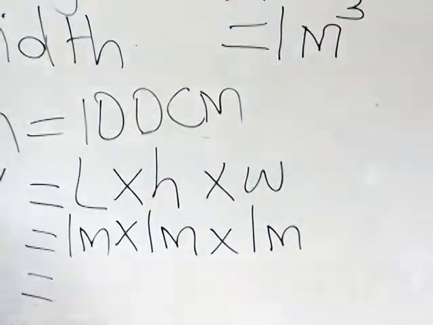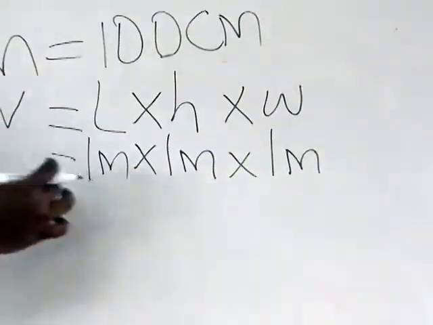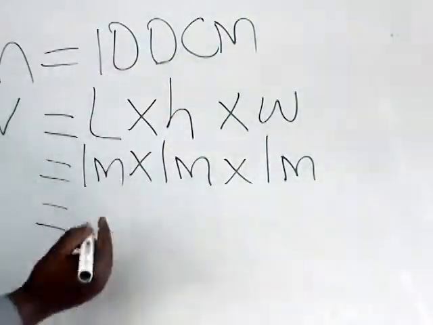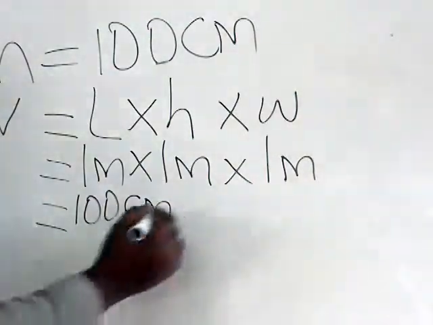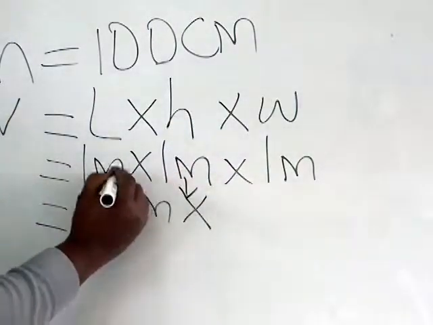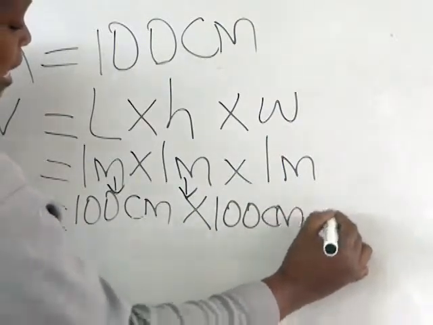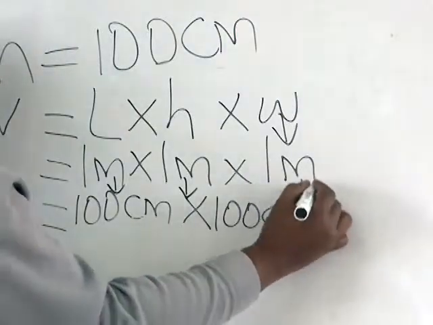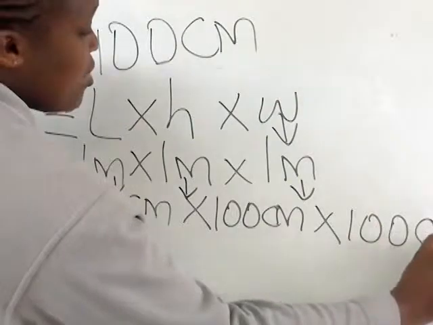Now if we change this 1 meter into centimeters, it will be 100 centimeters, multiplied by the height, which is 1 meter, 100 centimeters, by the width, 1 meter, which is 100 centimeters.